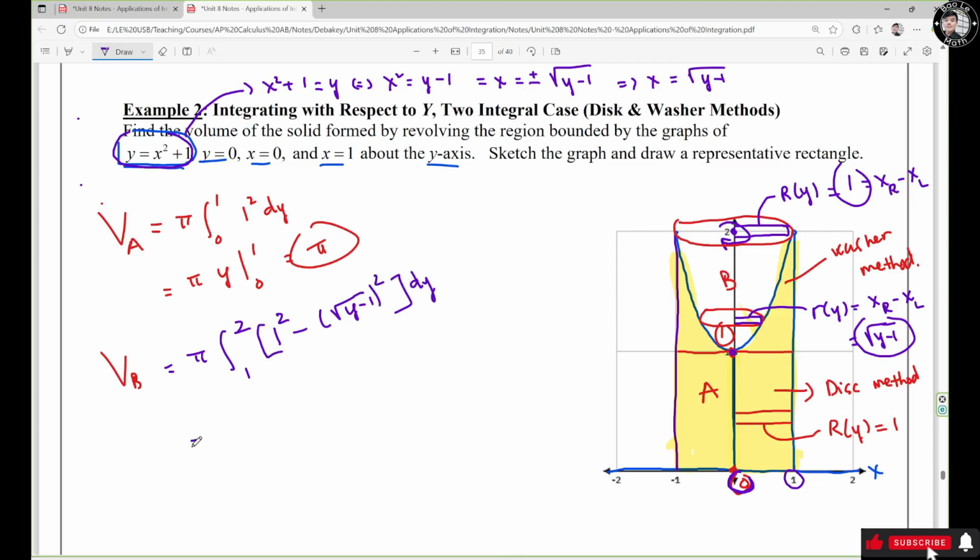Now I'm going to simplify this one. It's going to be pi times the integral from 1 to 2 of 1 minus y. When you square this one, it's going to be y minus 1, and you distribute negative 1 right here. It's going to be negative y plus 1, dy. Now 1 plus 1 is going to be 2, so I just write 2 over here.